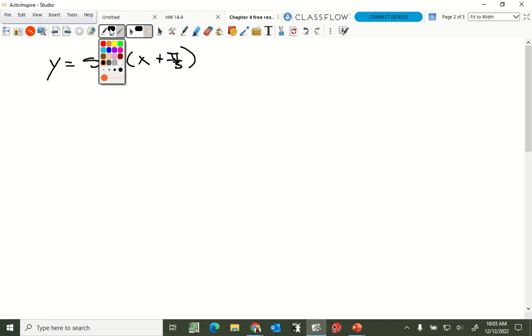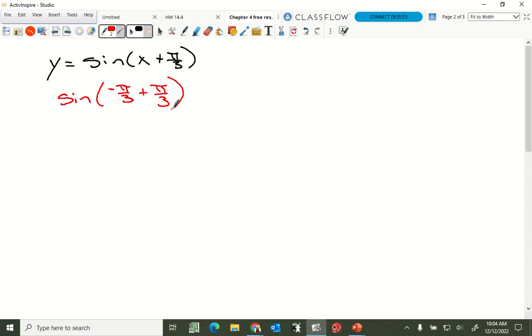All right, so my first one I'm doing is going to be sine at negative pi over 3 plus pi over 3. And this one you could just plug in the calculator as is to get your end answer.